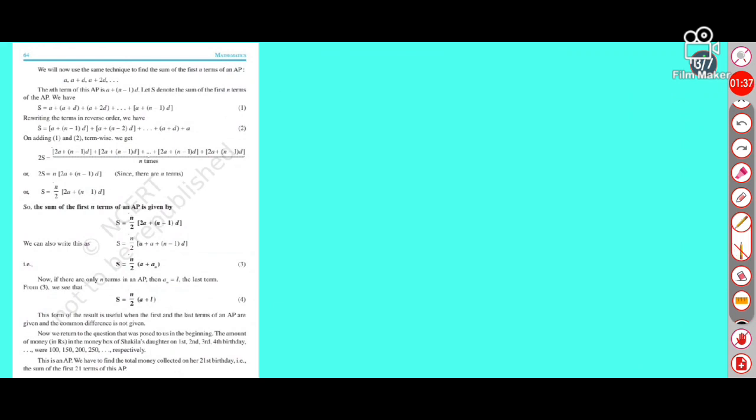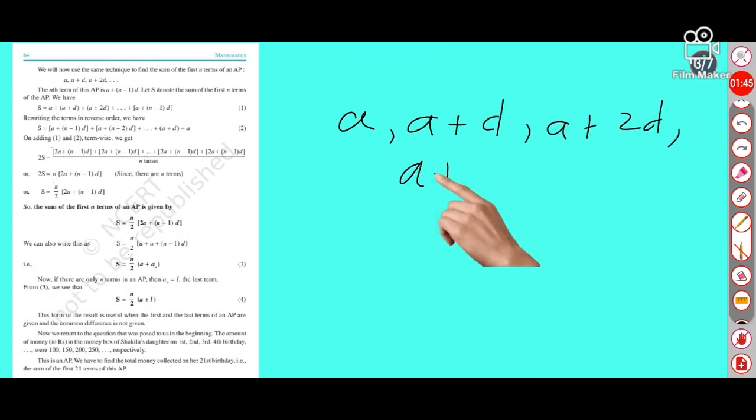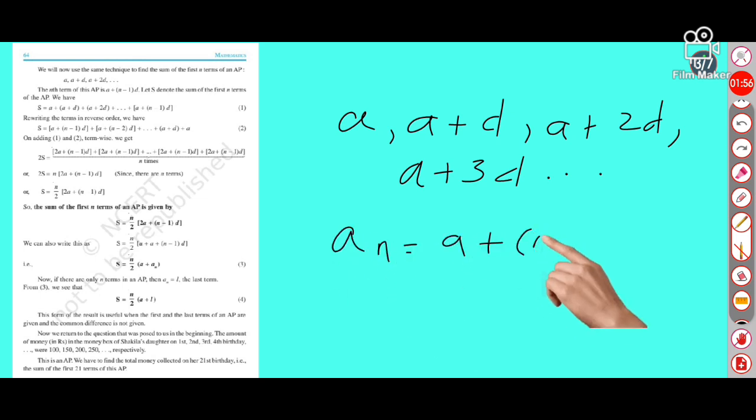As we saw before, the entire AP is of the format a plus d, a plus 2d, a plus 3d, and it goes on, which is the general format of the arithmetic progression. Finding the nth term, we know that an equals a plus n minus 1 into d.